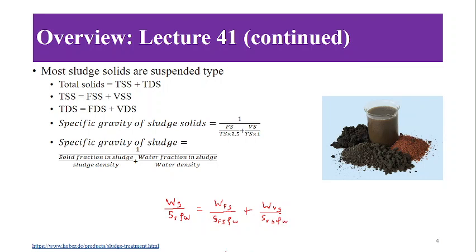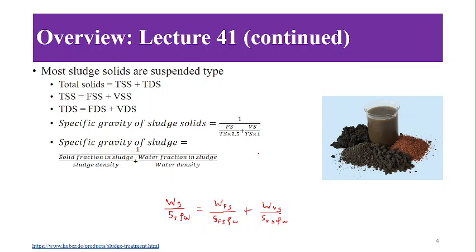So basically we are equating the volume. This is the volume of the solids, this is the volume of the fixed solids, and this is the volume of the volatile solids. If we rearrange this, we can get this formula. This 2.5 is the specific gravity of the fixed solids, and one is the specific gravity of the volatile solids, which usually comes out to be these values.